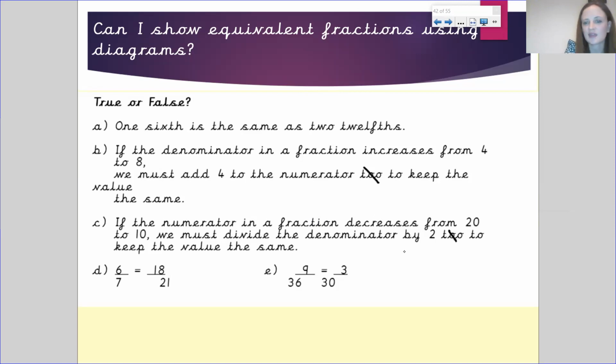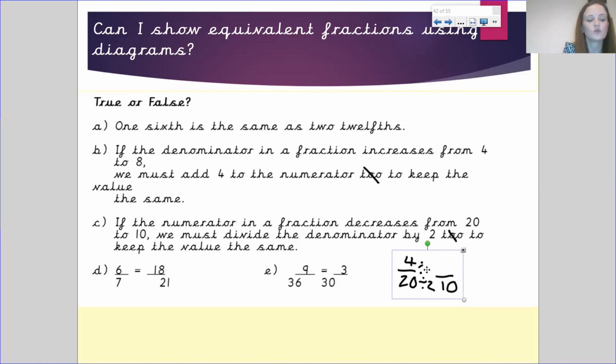So that is saying that if we are going from, for example, 4/20, and I want to go to 10, what have I done to the bottom? I've divided it by 2. So what should I do to the top? Remember what I said about when we're multiplying, it works the same with dividing. What you do to the top, you do to the bottom.